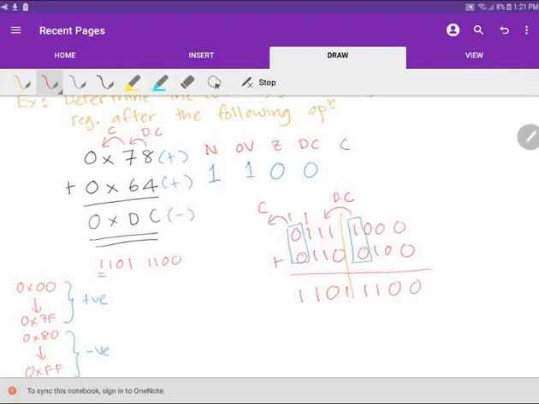Do we have a carry? So what should be the value of C? So this is how you determine the value of the status register. Is that okay?